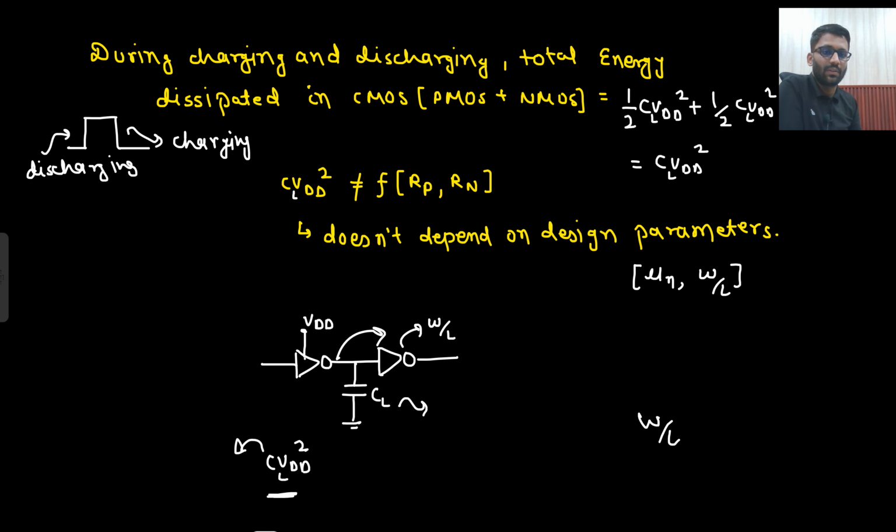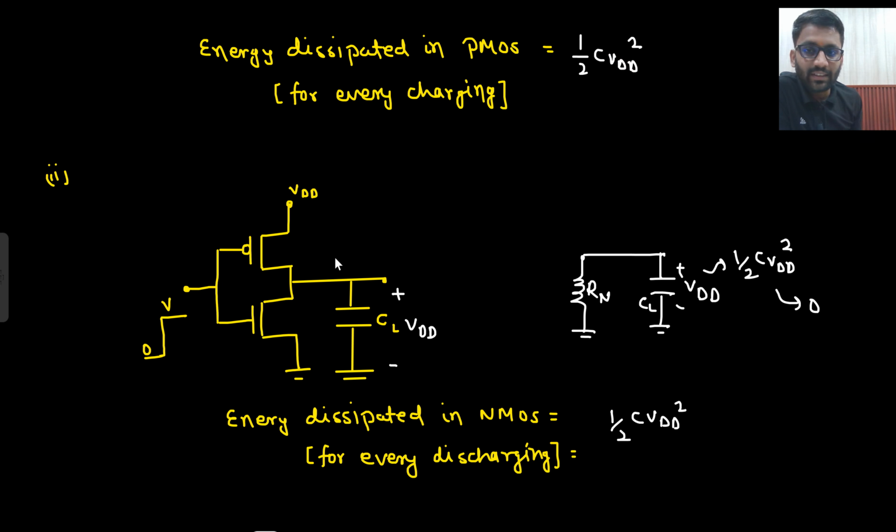Okay. Now someone will have a doubt: sir, this CL that you are telling, this CL is coming from the input capacitance of our next stage. That is fine, but this will come from these capacitors as well, no? Like this is having a CGD capacitor here, and this is having CGD capacitors here.